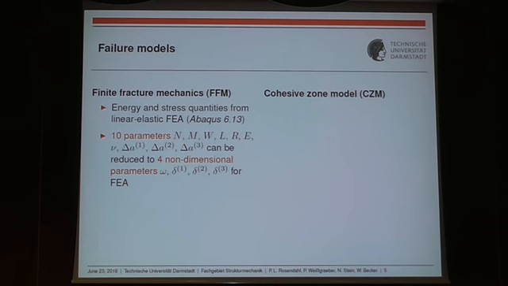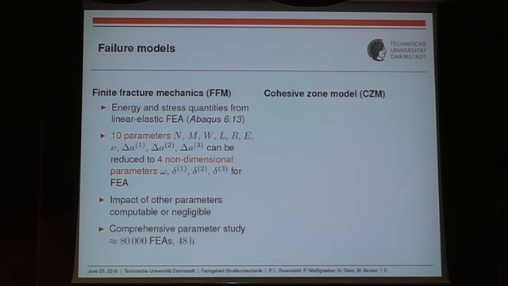For the 10 parameters we have in our model, which are the loading, the geometry, the material properties, and also the cracks, we can reduce that to 4 non-dimensional parameters: the related hole size, and also the 3 non-dimensional cracks, which we only have to consider in our parametric study in the finite element analysis. For all the other parameters, we can find analytical relations, or some of them, like the Poisson's ratio, I just neglected in this study.